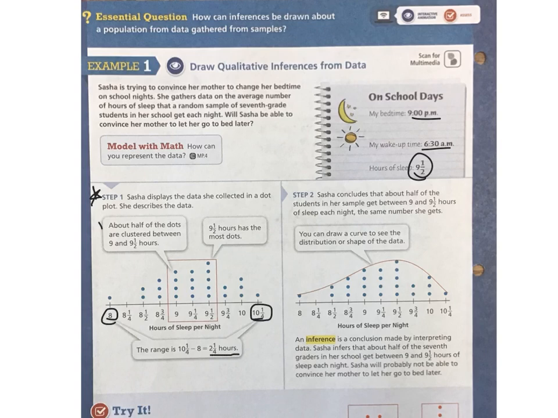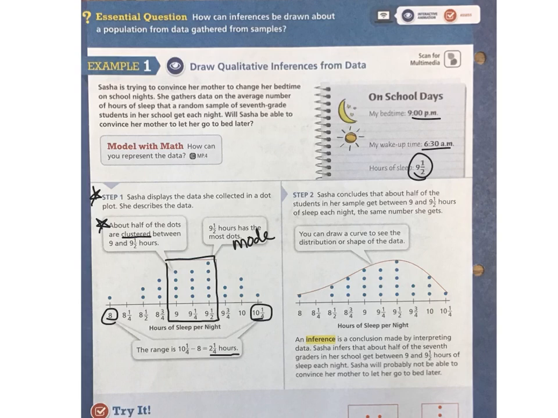About half of the dots, or half of your data values, are clustered between 9 and 9½ hours. So that's this box right here. Clustered means most of it is all together between 9 and 9½ hours. And 9½ hours has the most dots, which tells us that this is the mode.